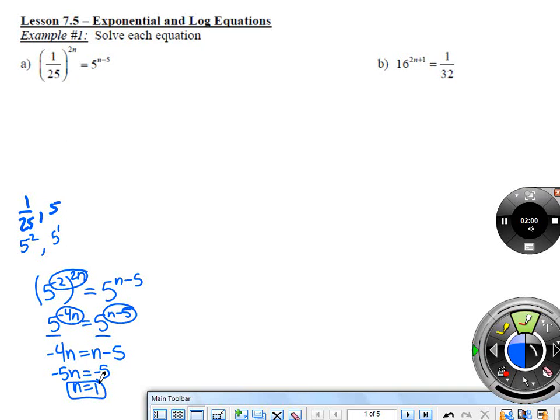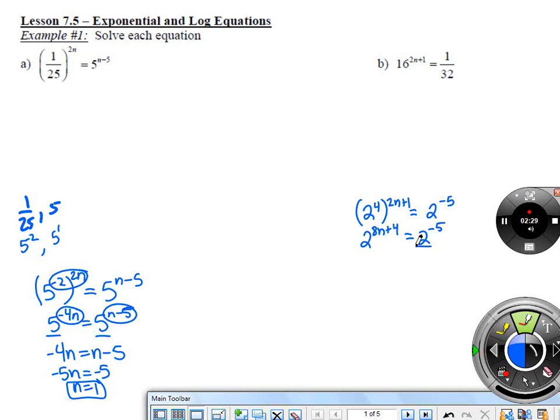So same idea here in part B. I'm looking at 16, and I'm looking at 1 over 32, and I'm asking, are those powers of the same number? And they are. 16 would be equal to 2 to the 4th power. And 1 over 32 would be equal to 2 to the negative 5th power. So then here, by my power property, I would have 2 to the 8n plus 4 equals 2 to the negative 5.